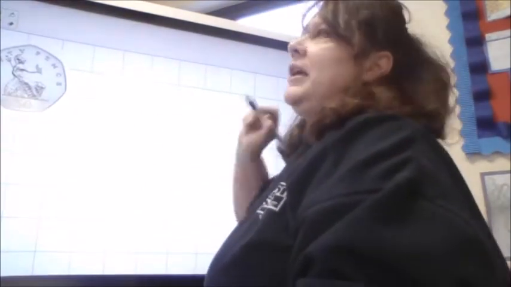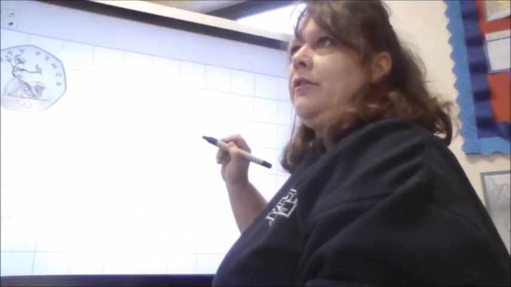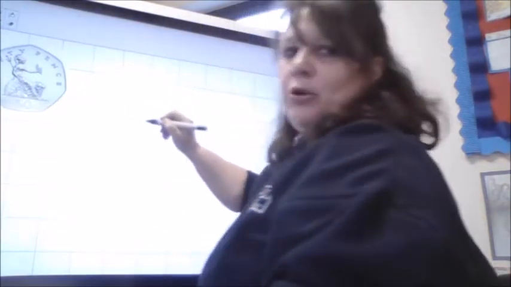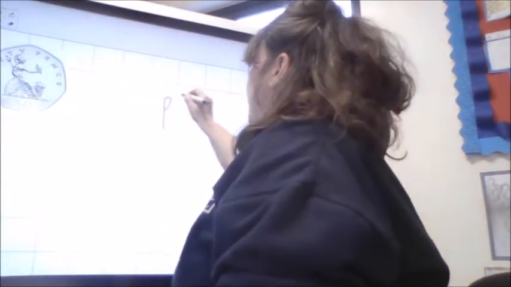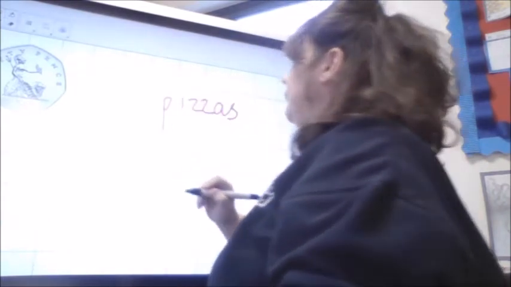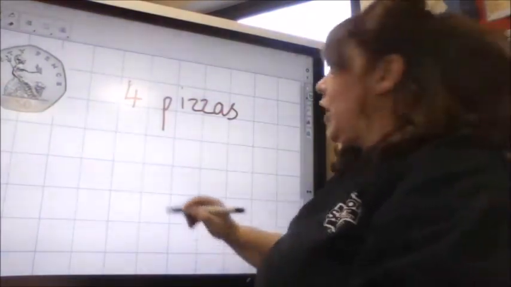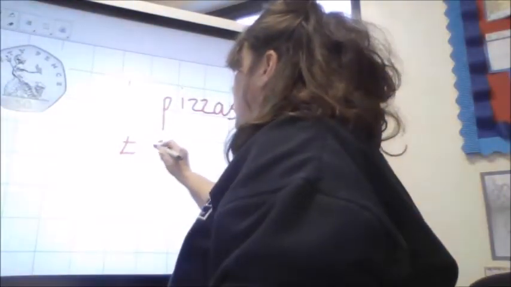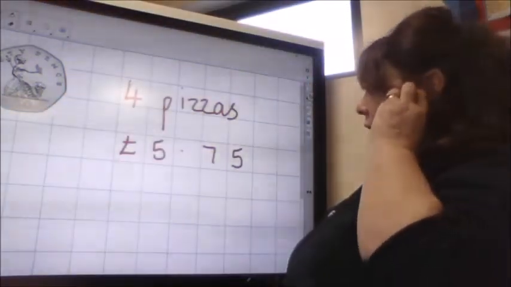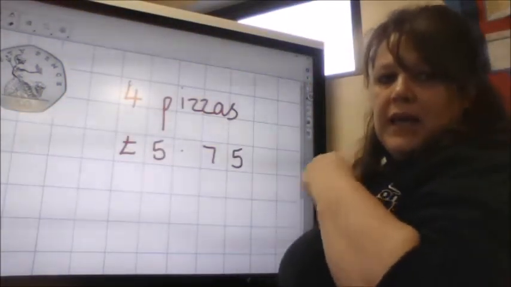Okay, so I might want to do, say I've got 4 pizzas and they are £5.75 each. So I want to know how much it's going to cost me. So I've got 4 pizzas. And they're £5.75p each.